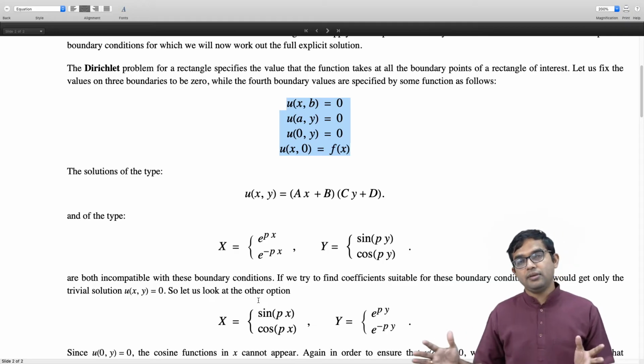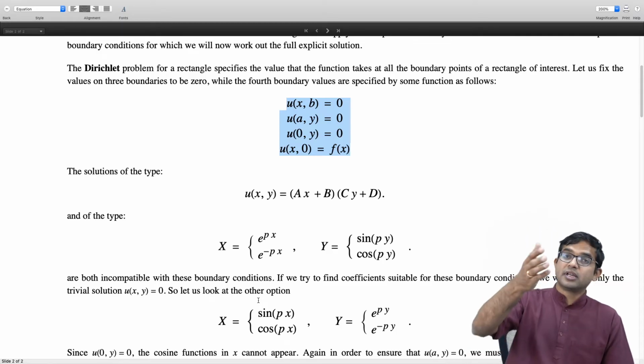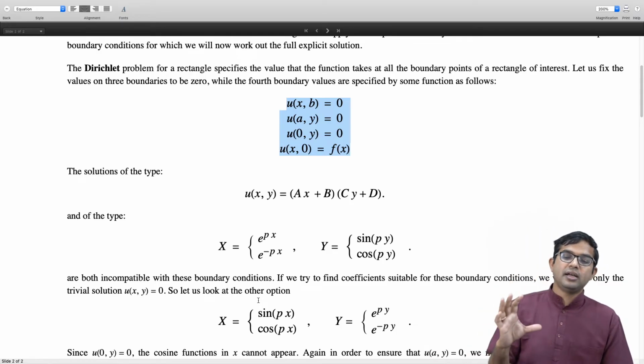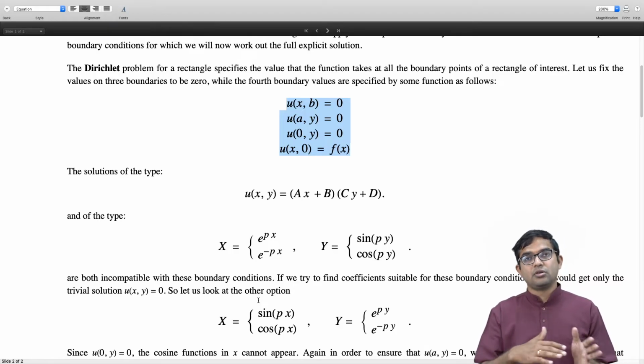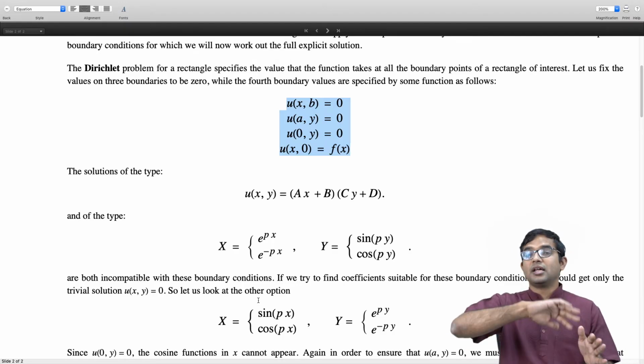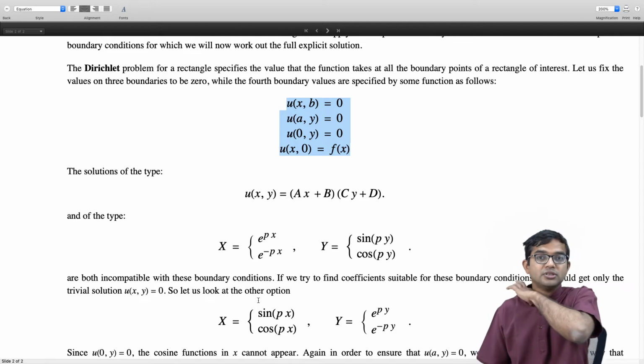So you'll in fact get infinitely many possibilities, right? Which is not the case if you choose exponentials. So basically the idea is that given the boundary conditions, you must work out in which direction you want sinusoids and in which direction you want exponentials, right?